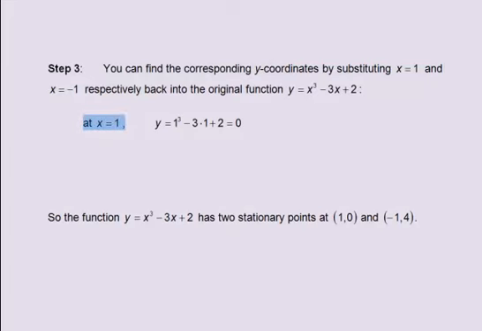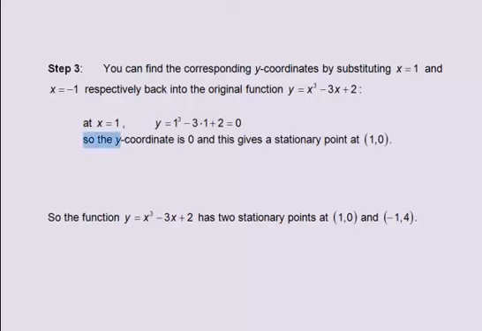At x equals 1, y equals 1 cubed minus 3 multiplied by 1 plus 2, which equals 0. So the y coordinate is 0, and this gives a stationary point at 1, 0. At x equals minus 1, y equals minus 1 cubed minus 3 multiplied by minus 1 plus 2, which equals 4.